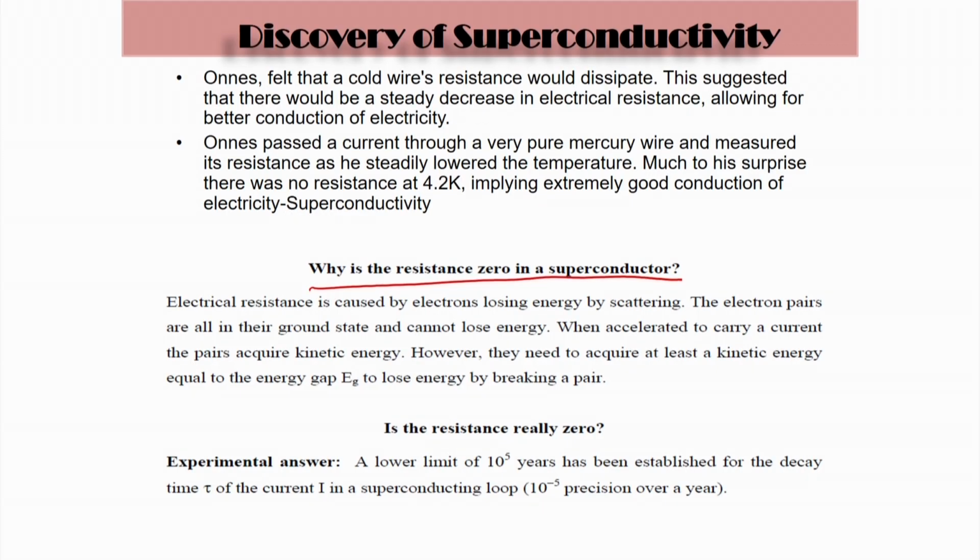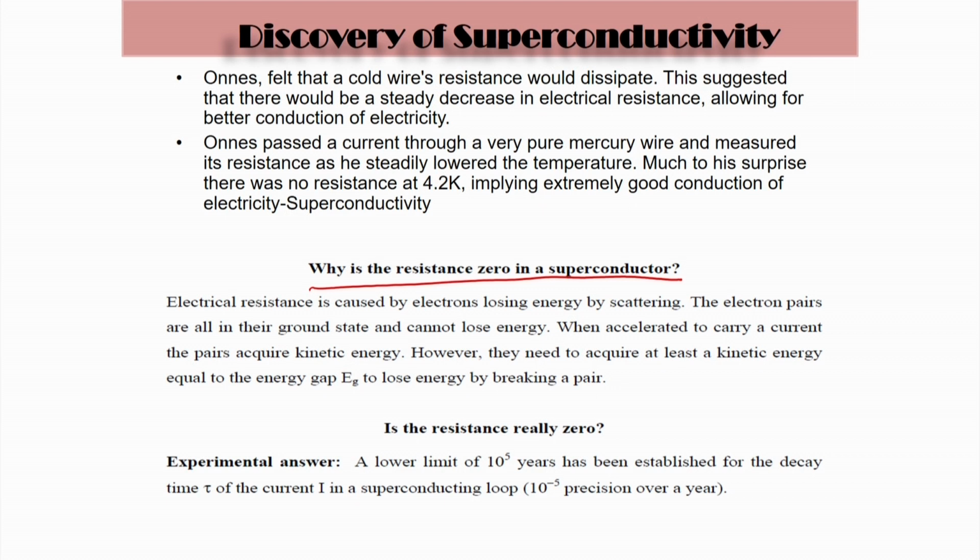The electron pairs are all in their ground state and hence cannot lose energy. For superconductors, the electrons form pairs and they go into the ground state. So, there is no way that they can lose energy. So, superconductivity is a phenomenon of the ground state.